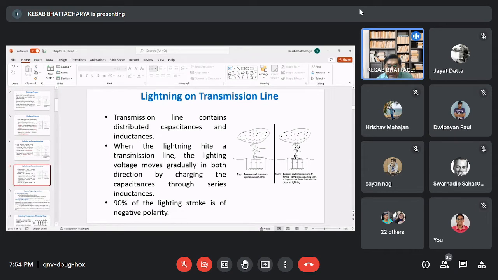When the lightning hits a transmission line, the lightning voltage moves gradually in both directions by charging the capacitances through series inductances. This is what happens. 90% of the lightning strokes are of negative polarity.